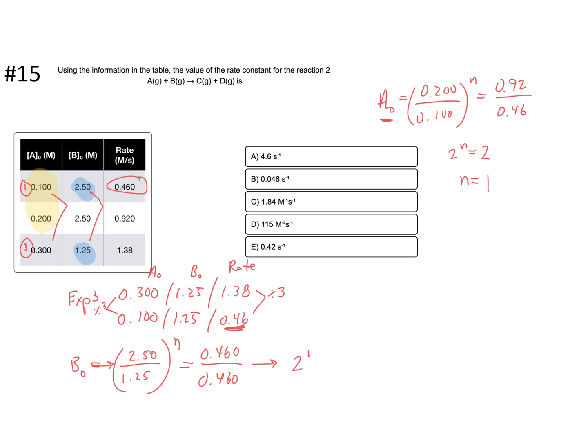So I get 2 to the n equals 1. Right, 2 raised to what power equals 1? 2 raised to the 0 equals 1.